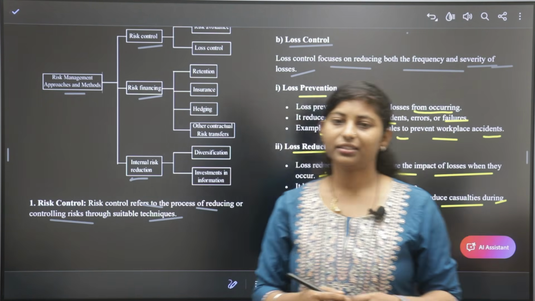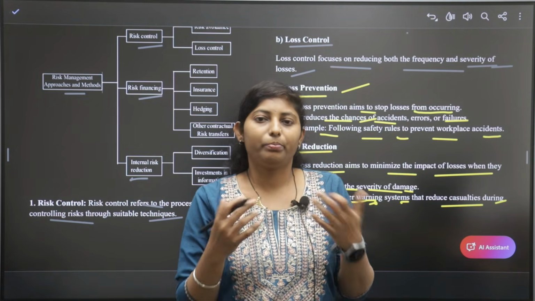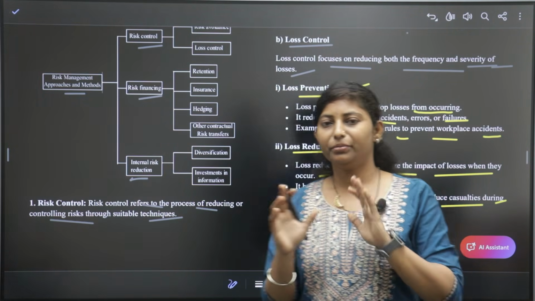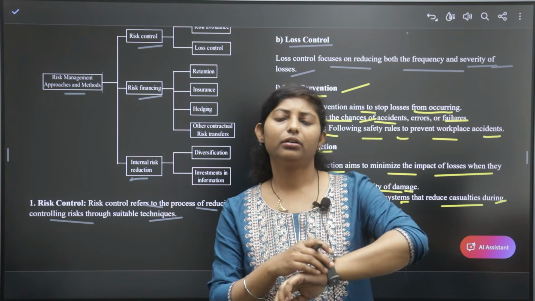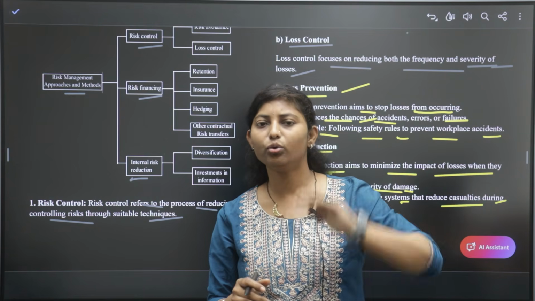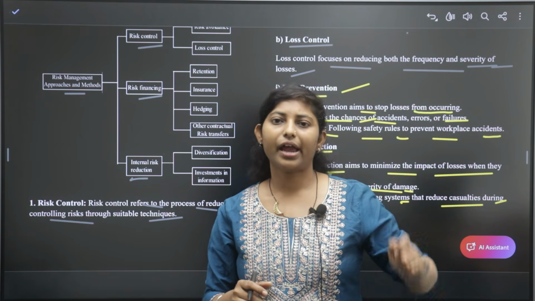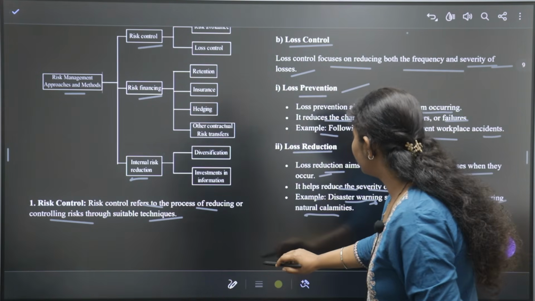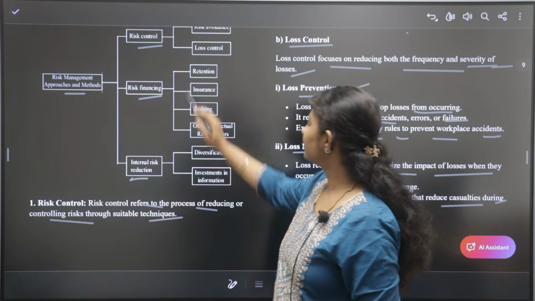A disaster management system gives awareness beforehand that these things are going to happen, so be careful and be safe. It helps management minimize or eliminate losses and expenses. This is also done in business. So that is how we discussed risk control.